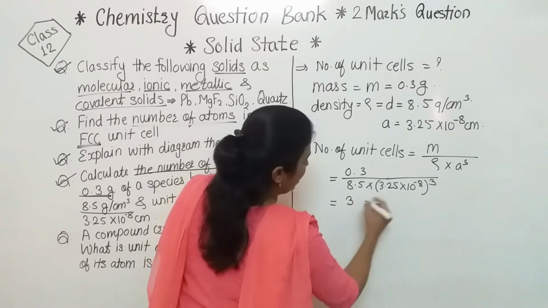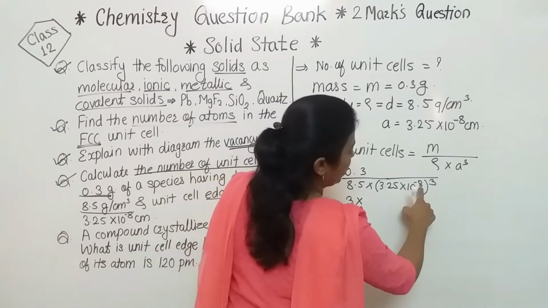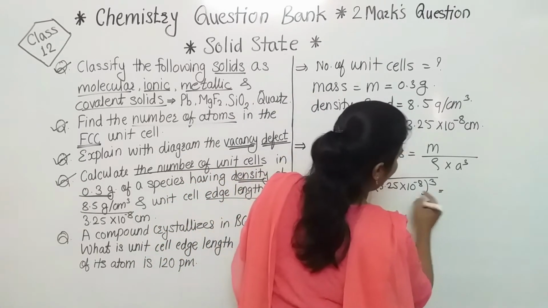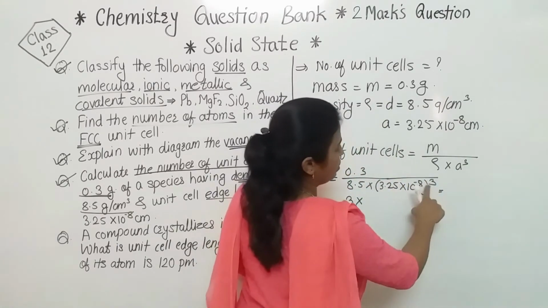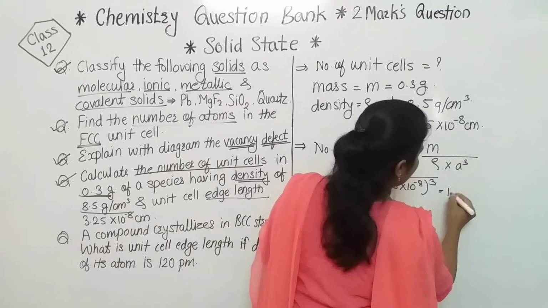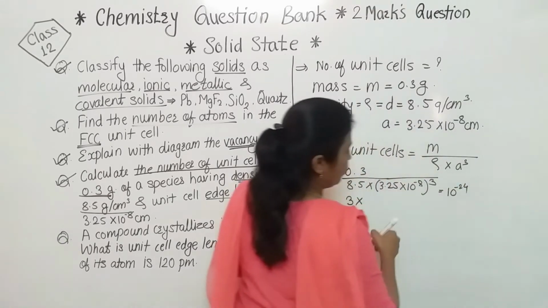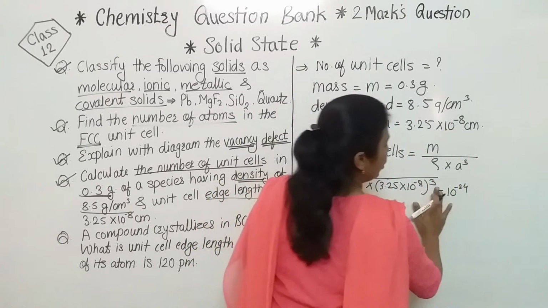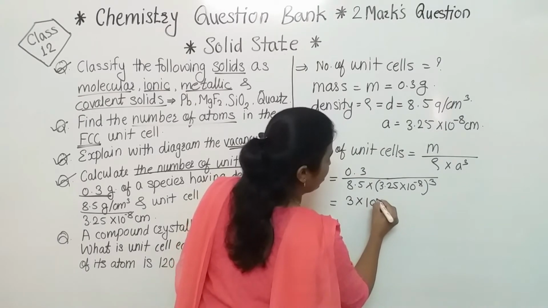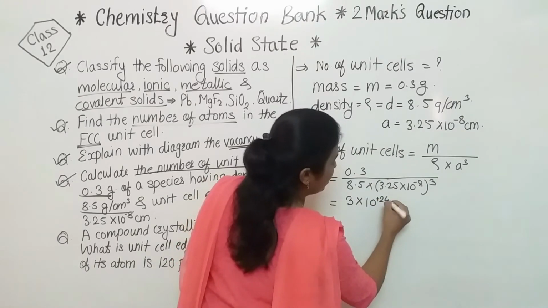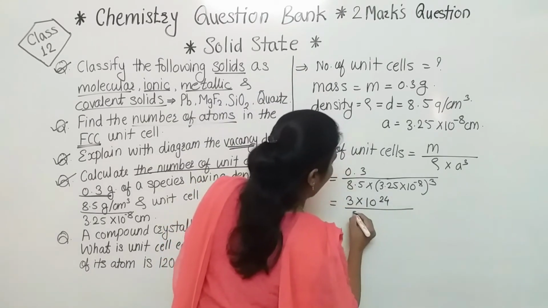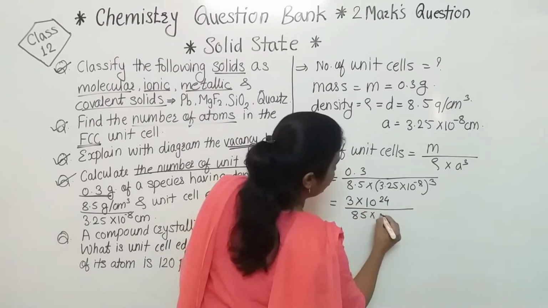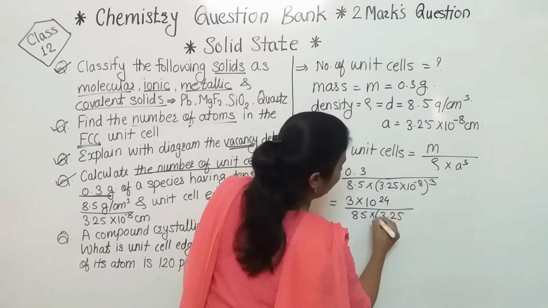So 3 into 10 raised to minus 8, the whole cubed: 8 threes are 24, so its answer will be 10 raised to minus 24. Just shifting it up, it will become 10 raised to plus 24. Instead of minus it will become plus, divided by 85 into 3.25 cube.